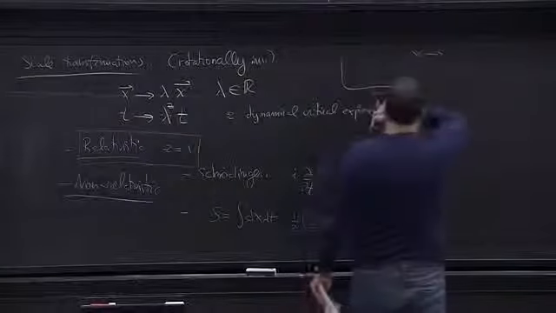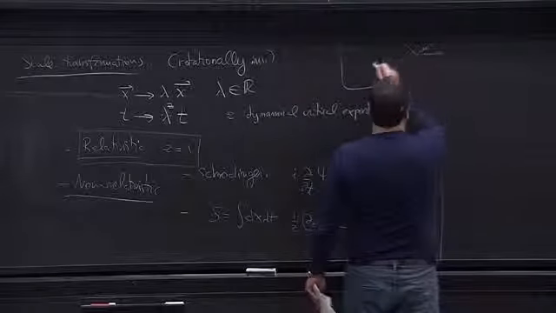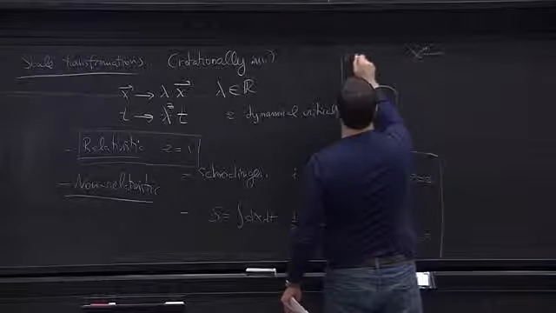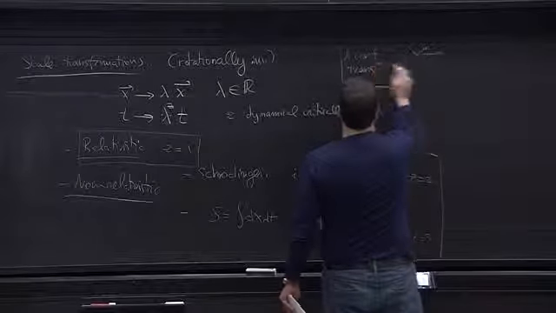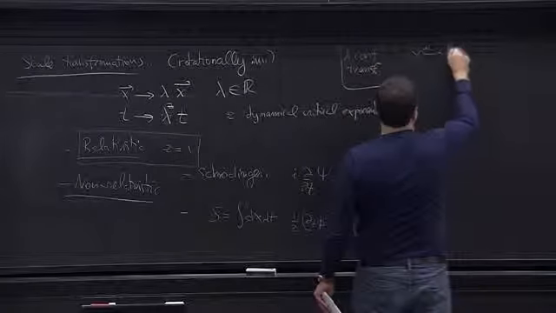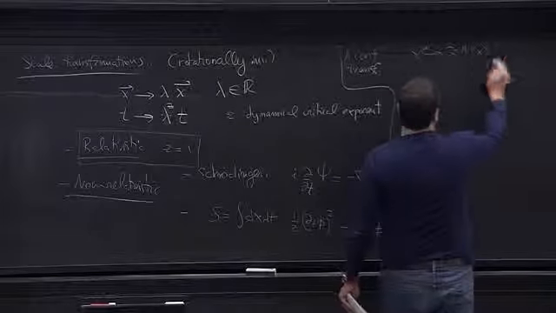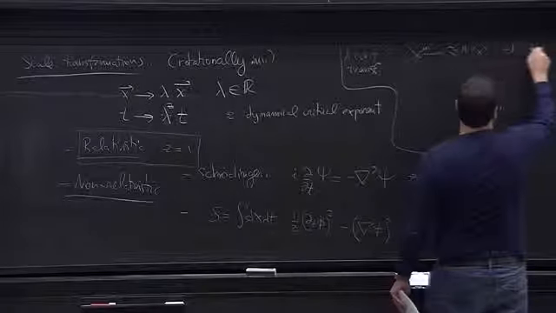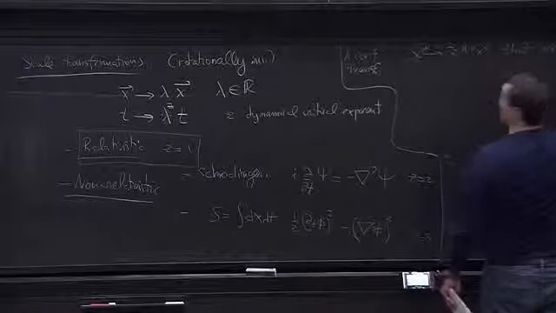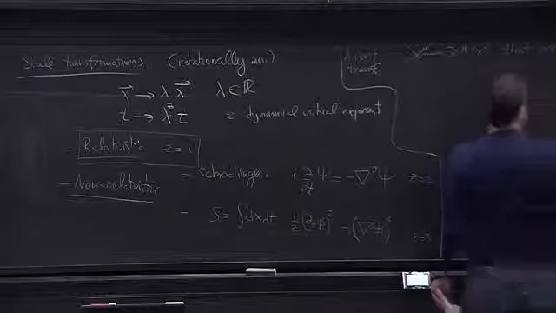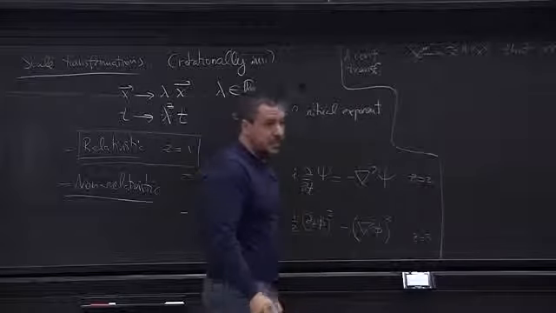So, more generally, a conformal transformation is a space-time transformation that preserves angles, but not necessarily distances.